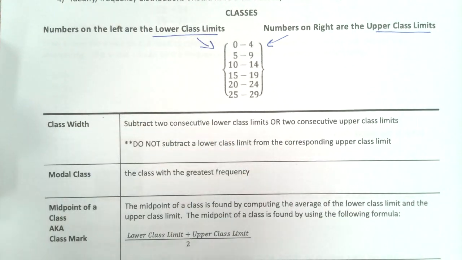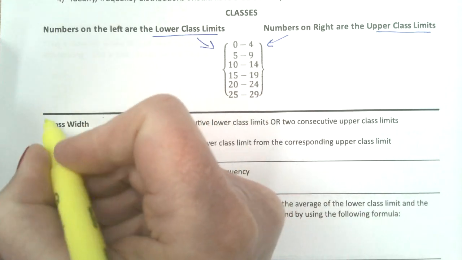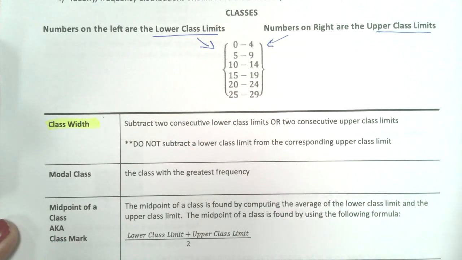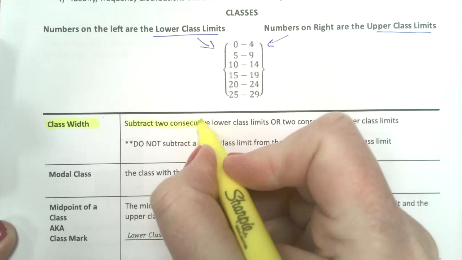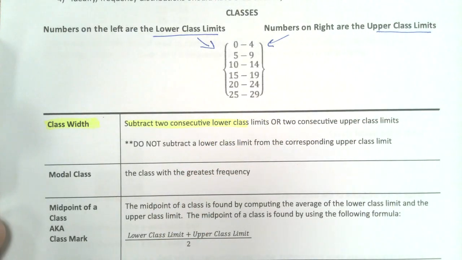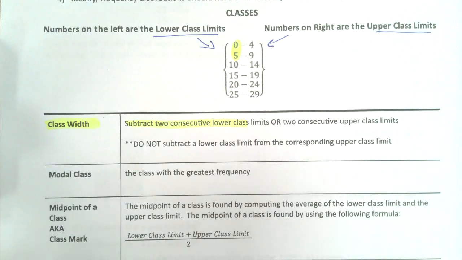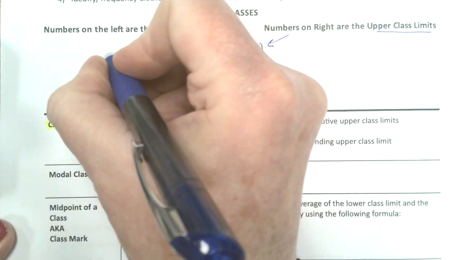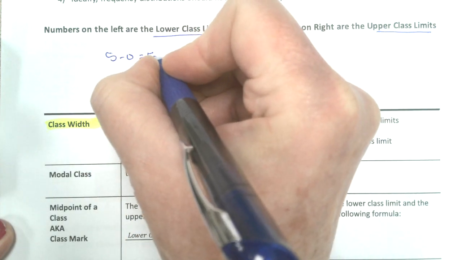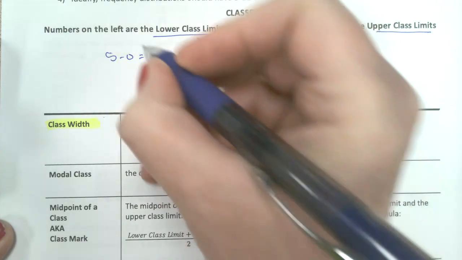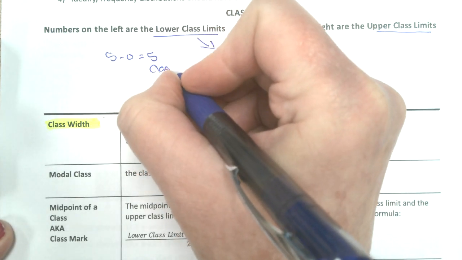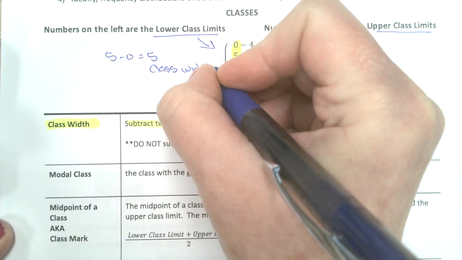To find the class width, you subtract two consecutive lower class limits. So 5 minus 0 is 5, and that is your class width.